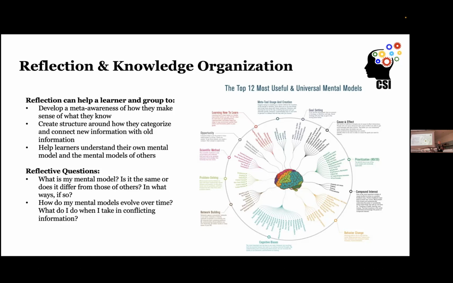Are there gaps? Is there overlap? In what ways do they differ? How does my mental model evolve over time as well? Something where you have a paradigm shift over time, or maybe a more subtle evolution than that as well. And what do I do when I take in conflicting information? How do I make sense of that?